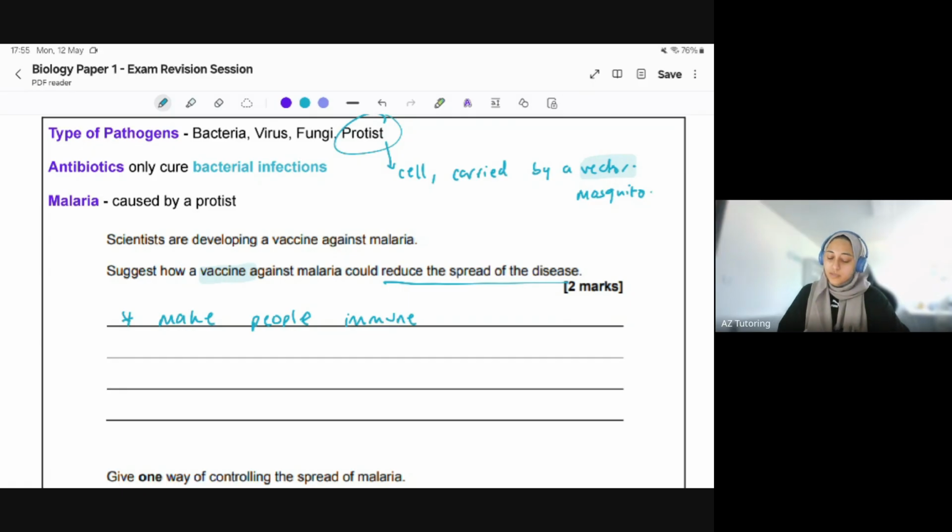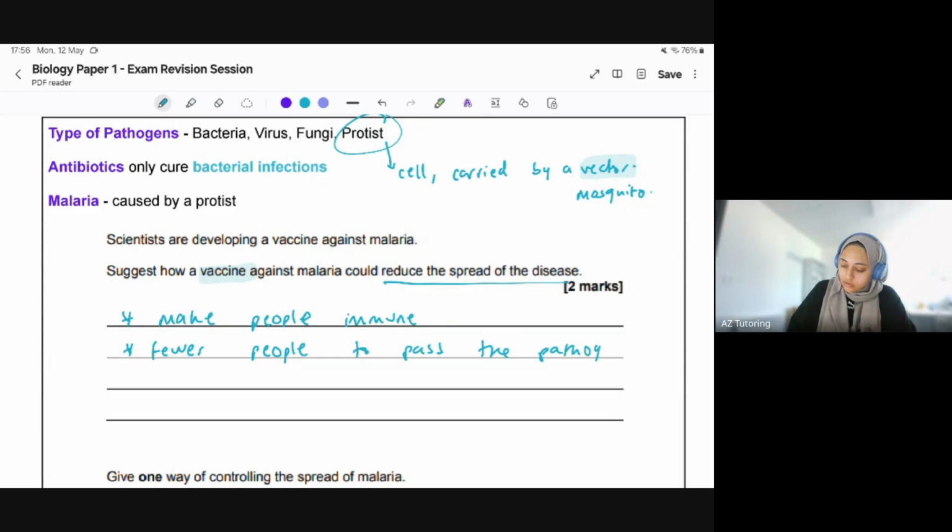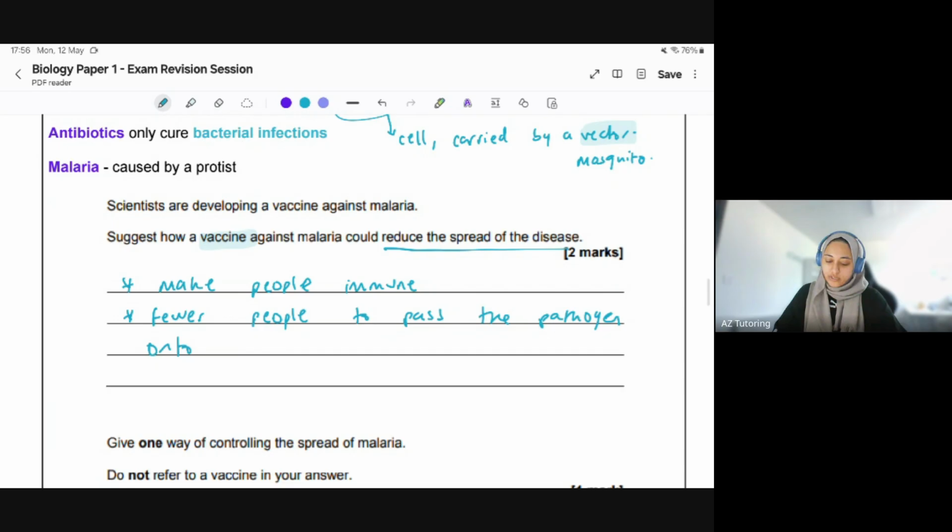Okay, so we've made people immune. So what has that done to reduce the spread of disease? It means that fewer people are left to pass the pathogen onto. Because if more people are immune, then it's going to spread less around. So that's what it's referring to, and that's 2 marks.